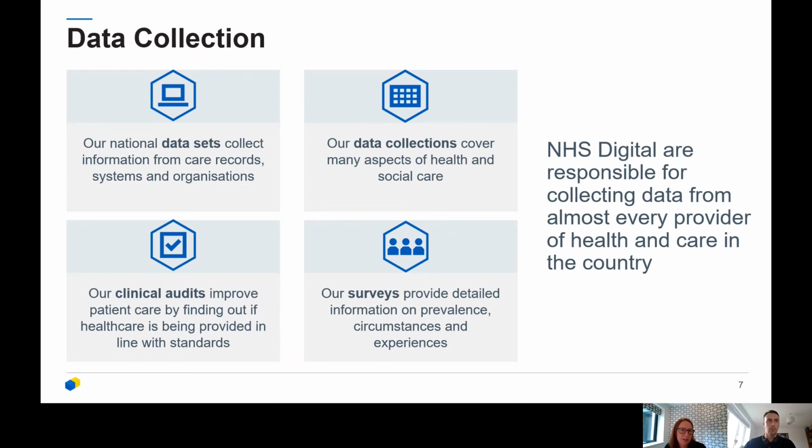This includes data collection through our national record level data sets, our data collections, our clinical audits, and we conduct a number of different surveys to find out more detailed information. This gives us a wide range of both record level and aggregated data about activity, outcomes and people's experience. This all helps us inform policy and monitor and improve care.